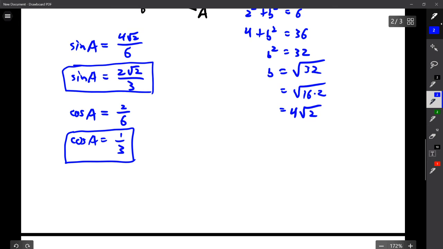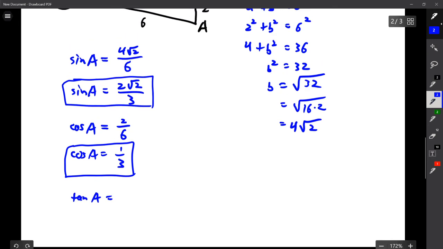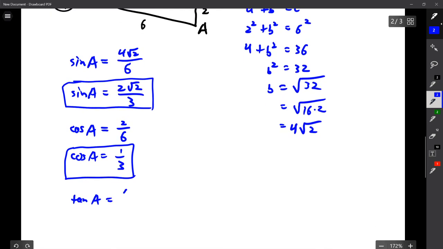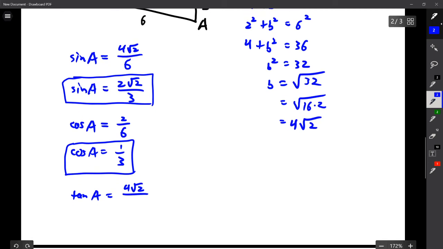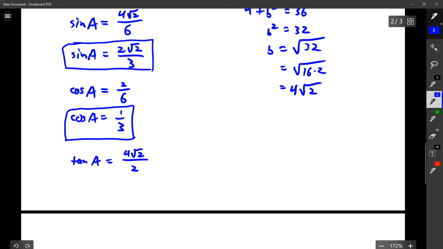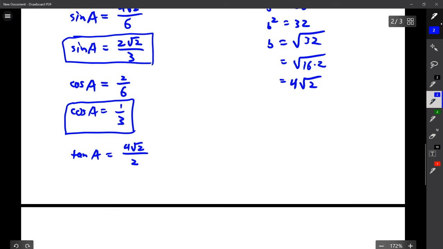And then tangent of angle A is opposite, so that's 4 root 2, over adjacent, which is 2, and that can also simplify. 4 over 2 simplifies to 2 over 1, or just 2. So then I get tangent of angle A equals 2 root 2.